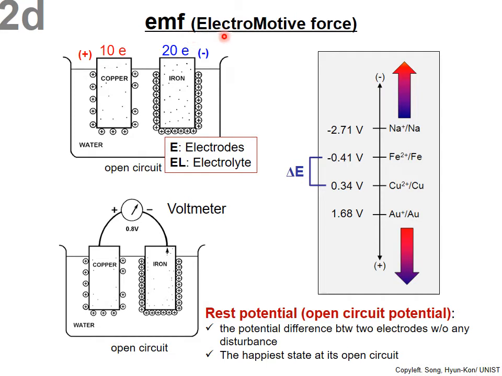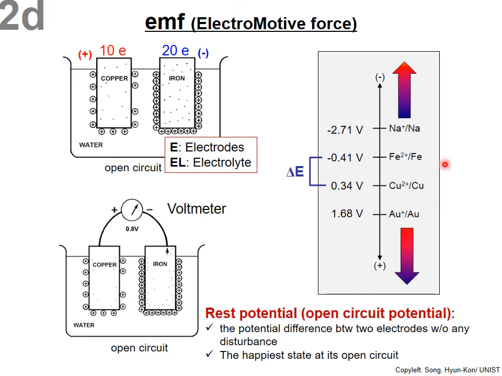So let me get back to the electrochemical ordinate here. There is a tiny difference between this electrochemical ordinate and the same thing in the previous slide. That is, here the exact value of reduction potential is presented.